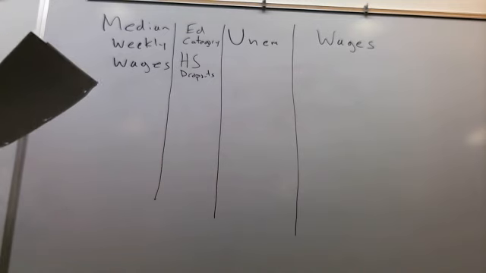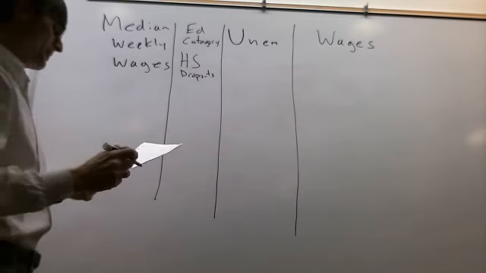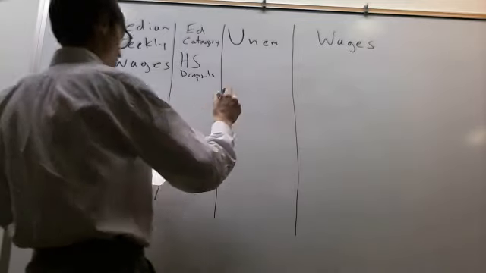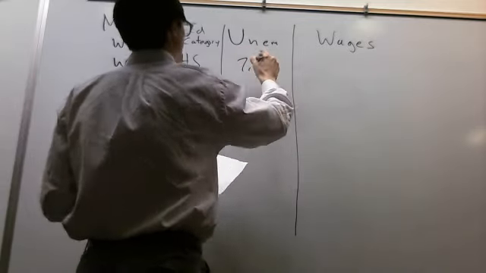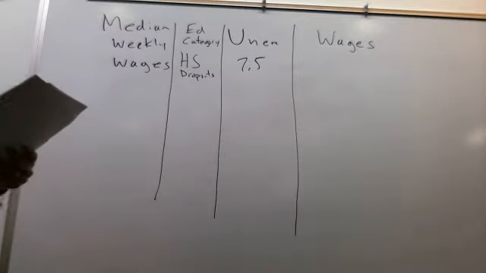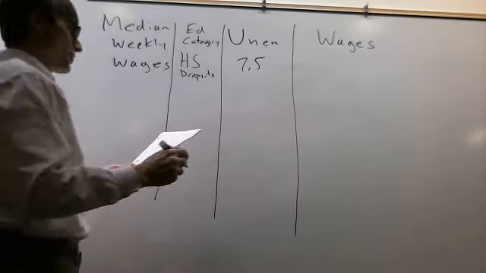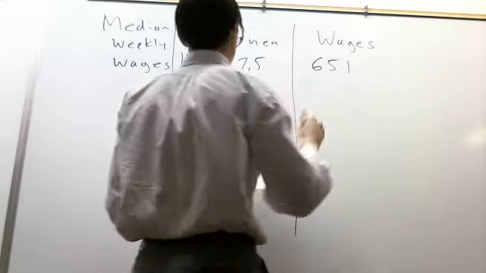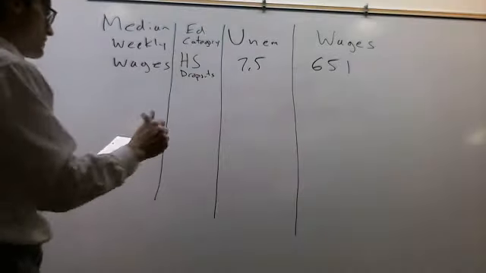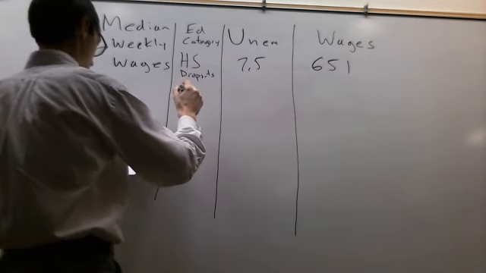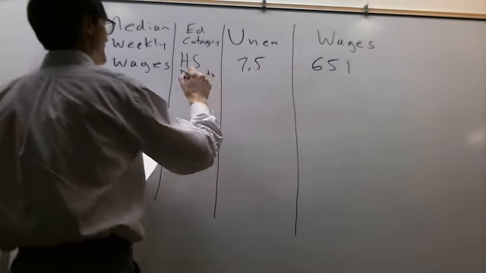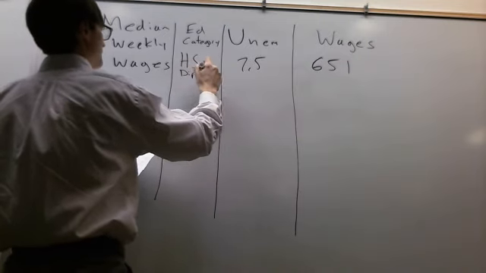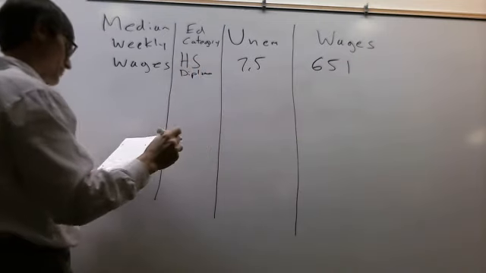And the data I'm looking at is a couple years old, but I think it's useful. It's still pretty relevant, and we can update the data. In 2013, the unemployment rate was 7.5% nationally for high school dropouts, and average weekly wages was $651. Oh, sorry, that's not a high school dropout, that's a high school diploma. Sorry. Not reading my abbreviations correctly.